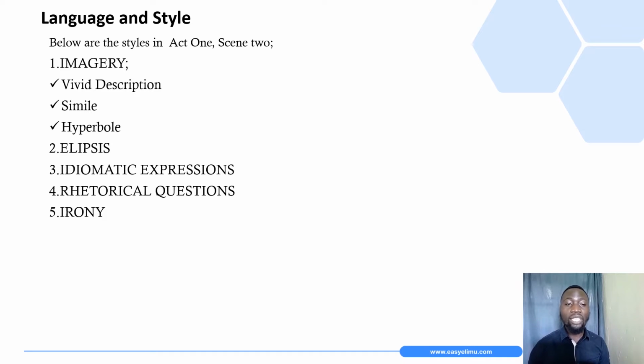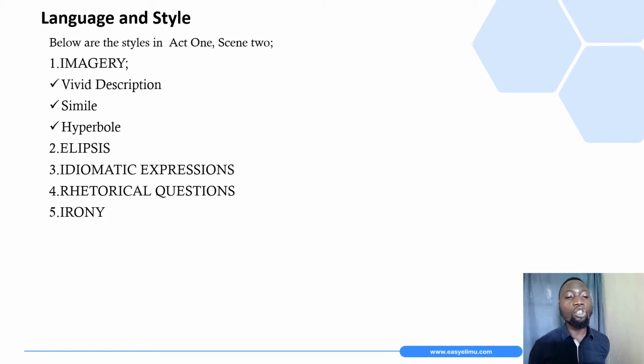Under imagery, we have a number of styles, but in this scene we are only going to look at vivid description. We are also going to look at simile, then hyperbole, which is also called exaggeration.